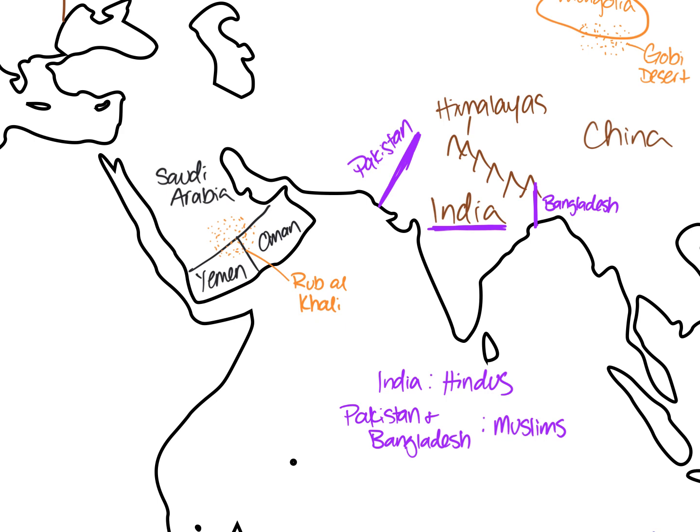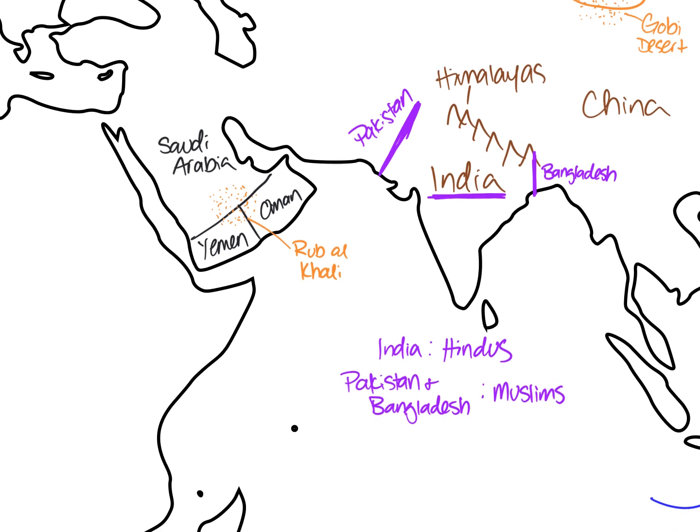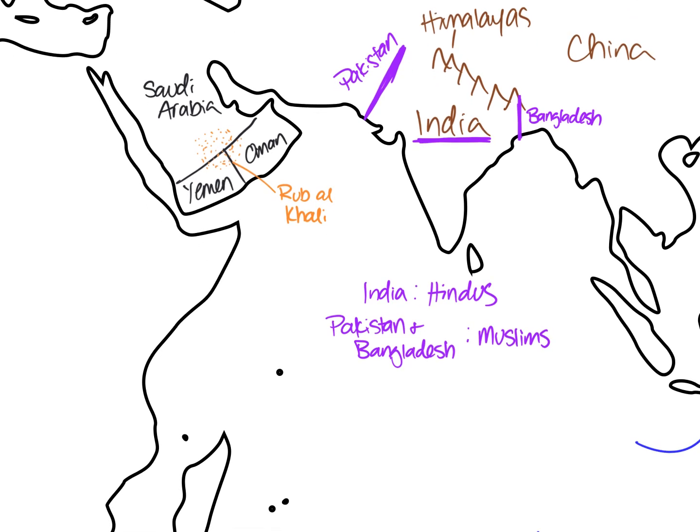But it was a lot. It took a while for them to figure out what was going to be best. And so these borders were created because of these cultural differences, right? Religion is a part of culture. So it is a cultural border between India and Bangladesh and Pakistan, okay?